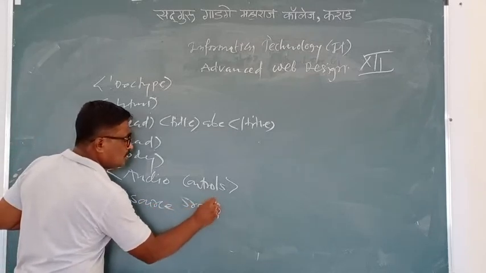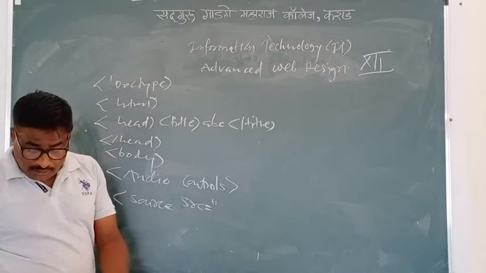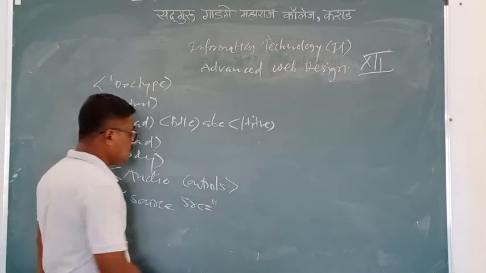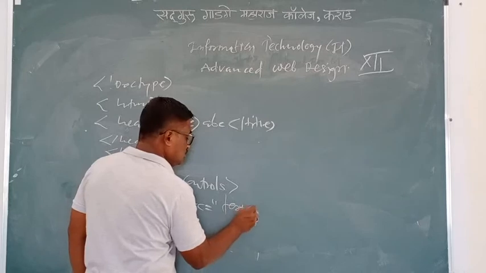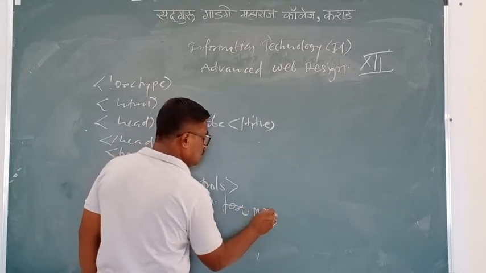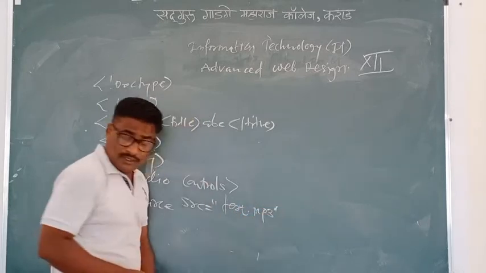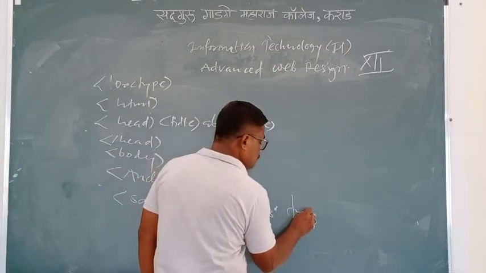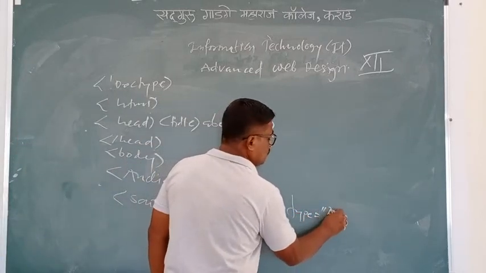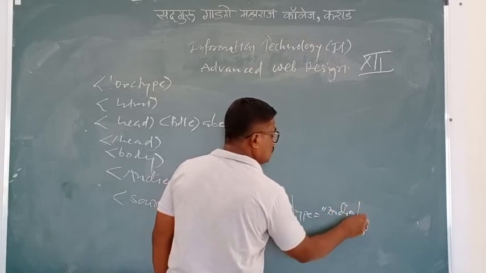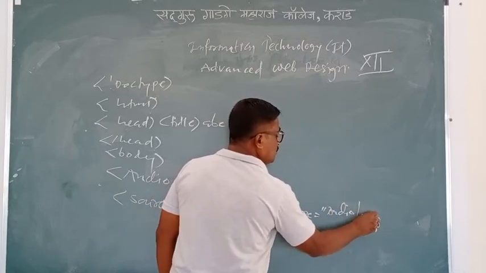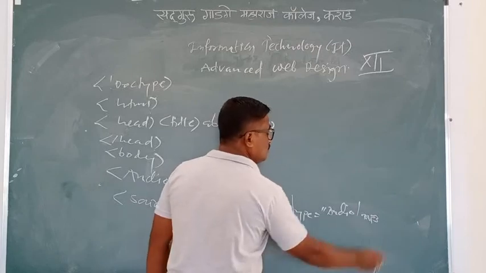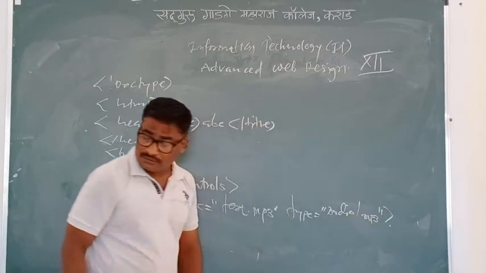The first attribute is src, the path of the audio file, test.mp3. Then another attribute is type equal to audio/mp3.